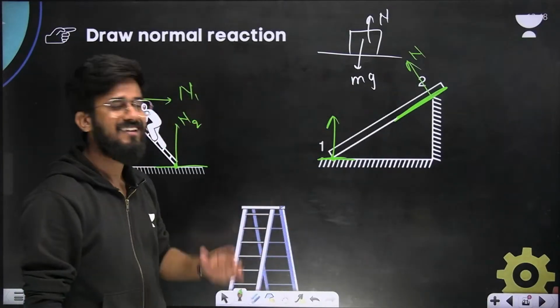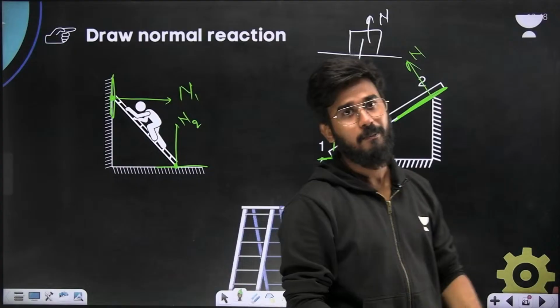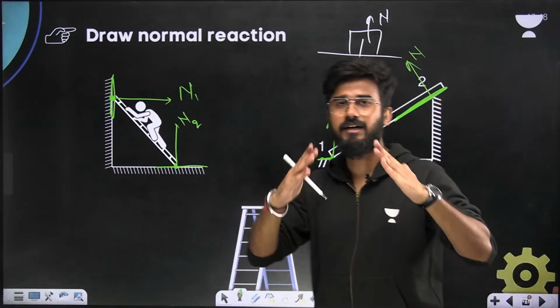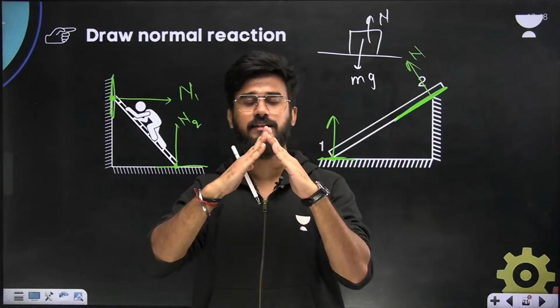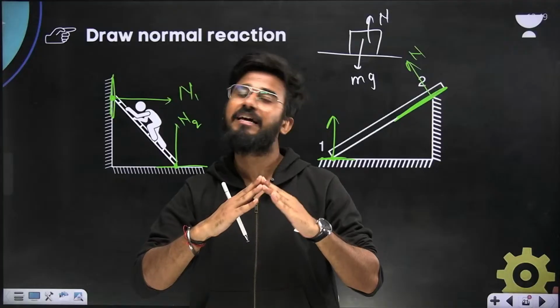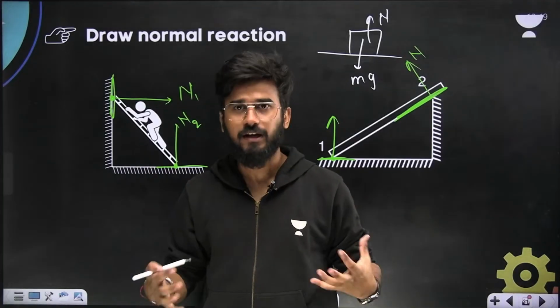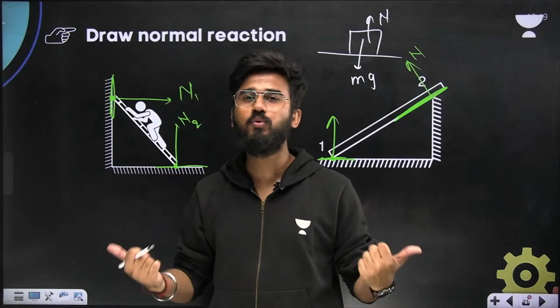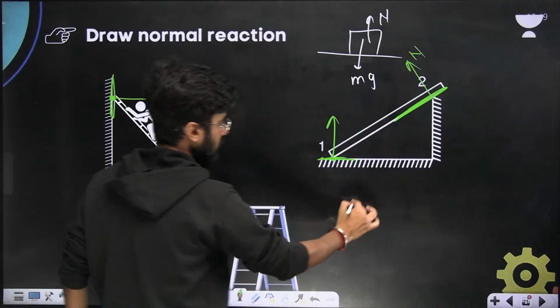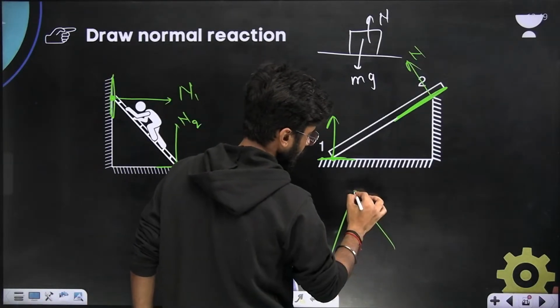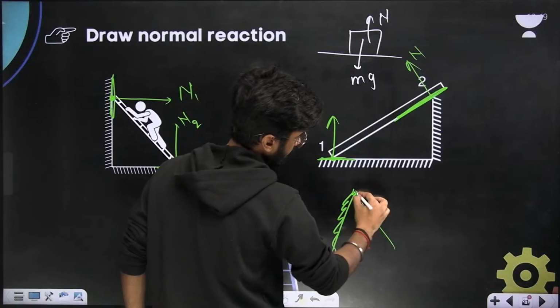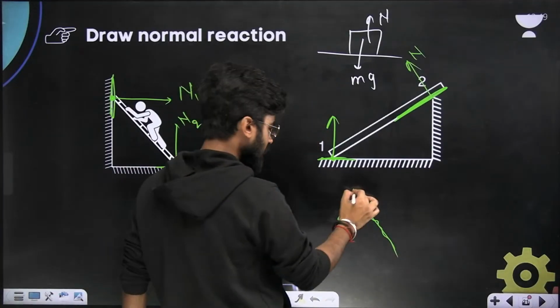Now there comes a bit of a tricky thing. Like these are the two ladders like this. Now what is the direction of normal? If there is such a kind of thing, then the normal is variable. You can consider normal in any two random directions. Suppose this is the ladder, and this is the contact point.